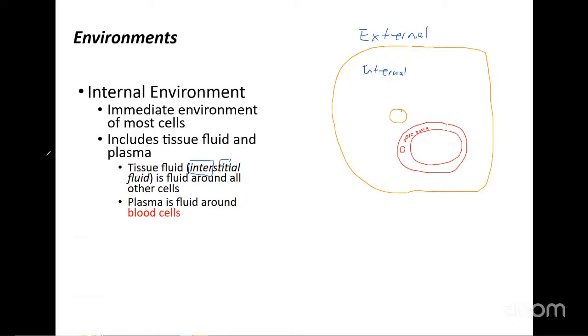And surrounding just our generic cells would be our interstitial fluid. So this is how we're breaking down different regions of the body from a physiology perspective, thinking about different fluids, different compartments, different places we're going to have molecules, ions, gases crossing.